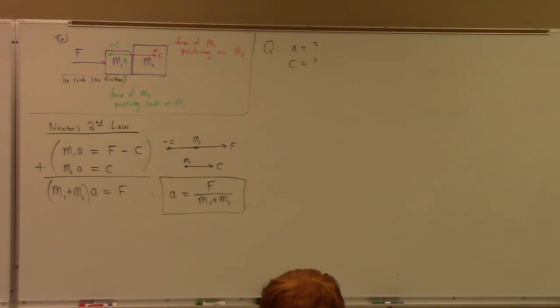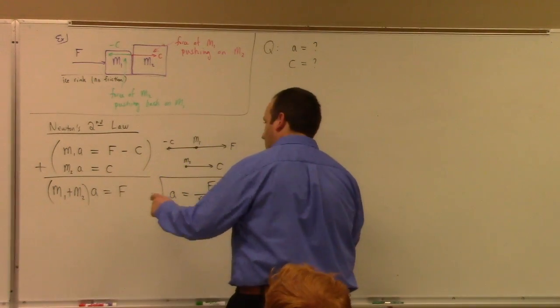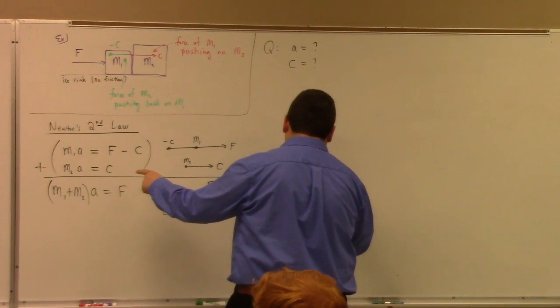For those of you who understood what I just boxed in intuitively, I wonder, could you have told me what the contact force is? Maybe, maybe not. What is the contact force? M2 times A, right?